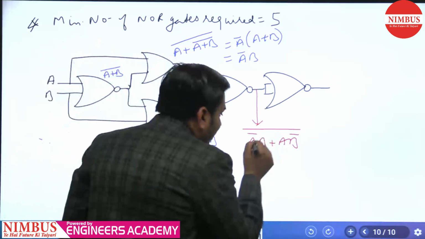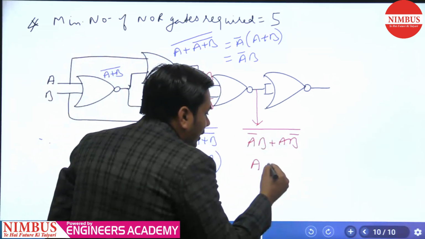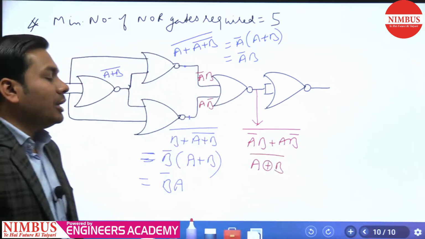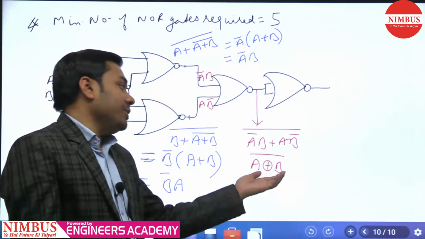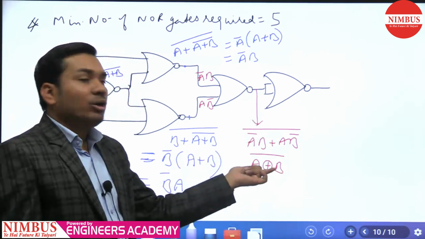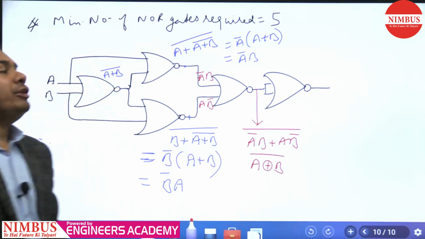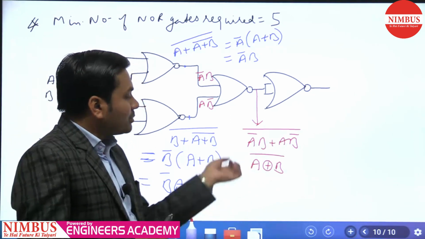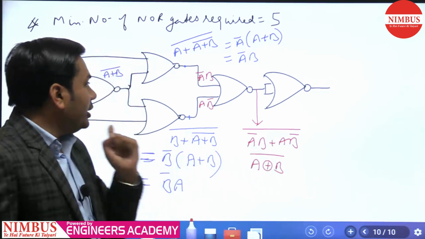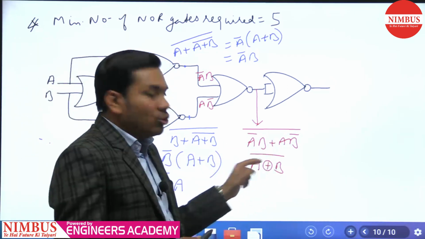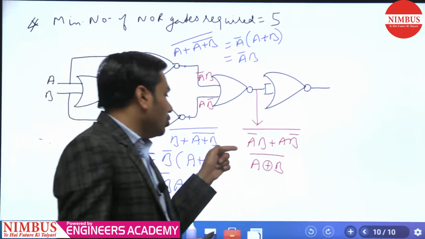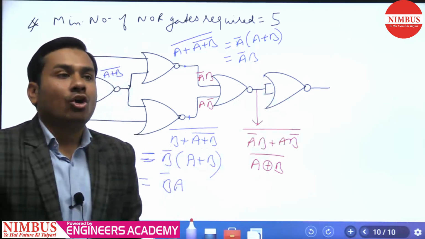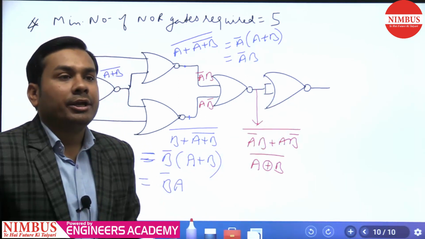And we know that A bar B plus A B bar, that is A XOR B. So at this place we are getting the complement of A XOR B. If we want an expression of A XOR B, we have to remove this complement, and to remove it we have a requirement of another NOR gate, right?